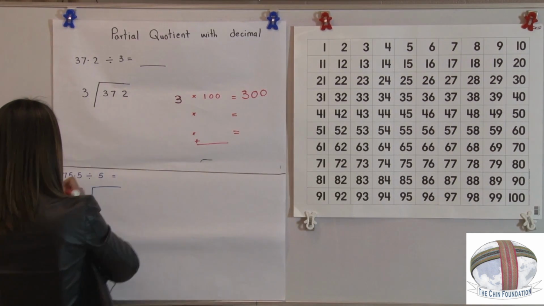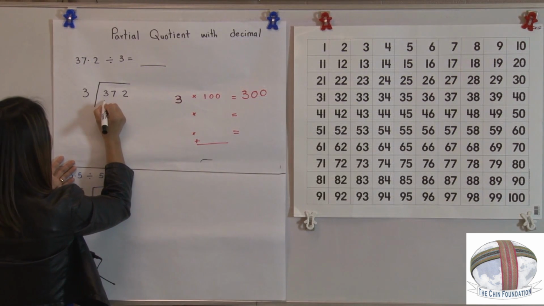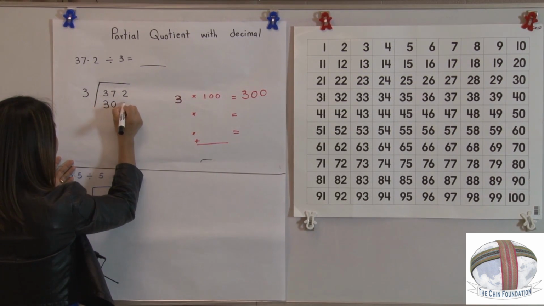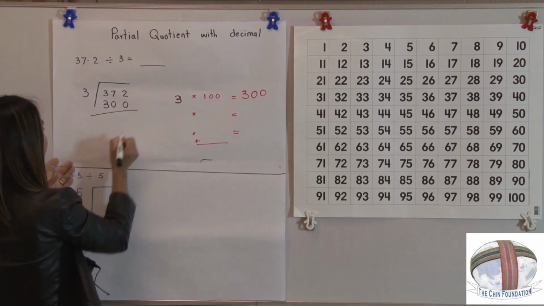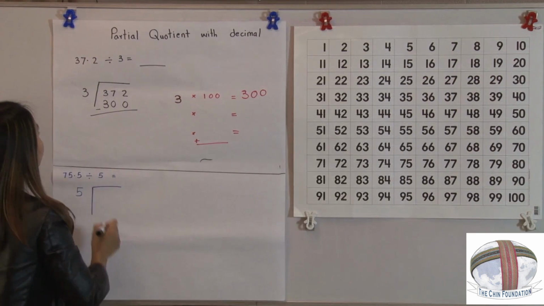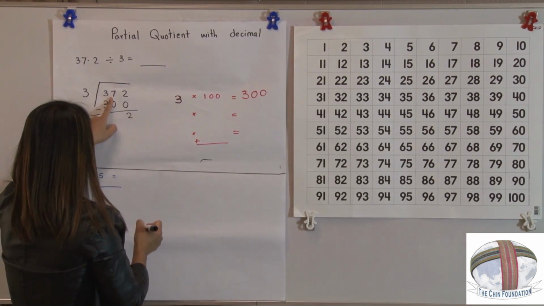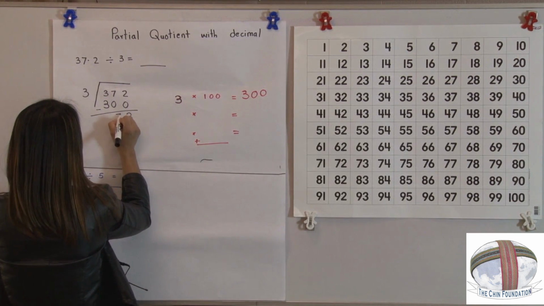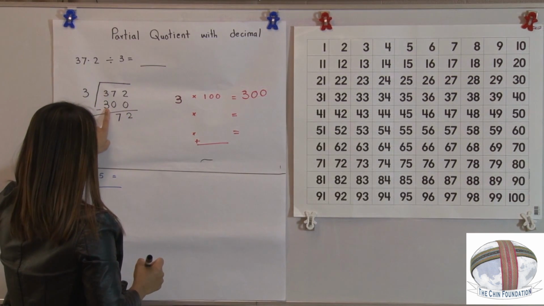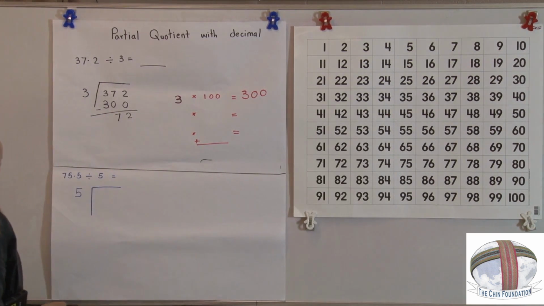So this number, I have to put it here, 300. What do I need to do next? Minus. Okay. 2 minus 0 is 2. 7 minus 0 is 7. 3 minus 3 is 0. So we don't need to put 0.